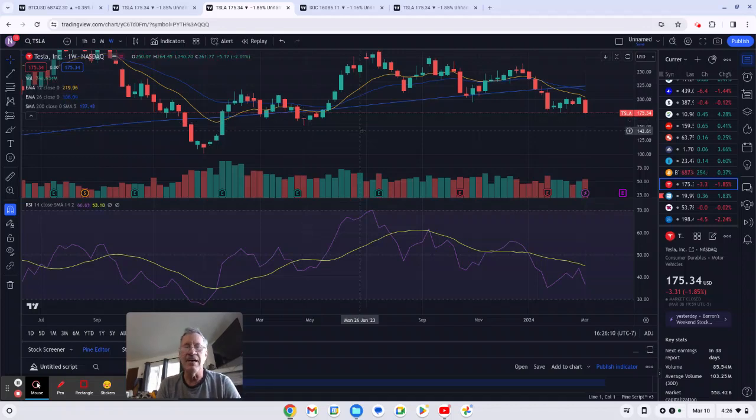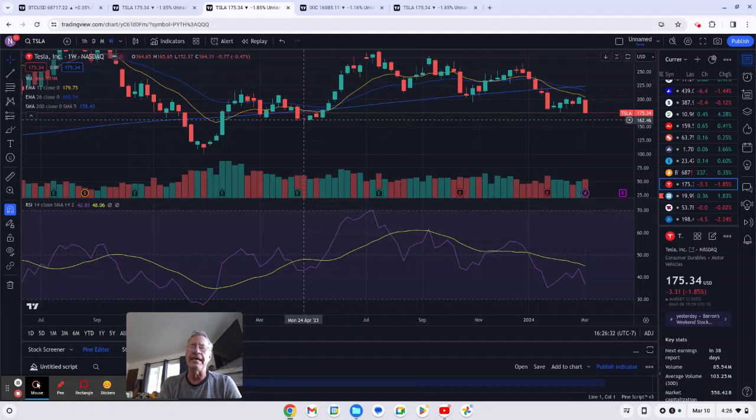But I don't think that's going to hold anymore. I'm thinking we're going to go oversold on the weekly chart. For that to happen, it's probably going to push at least to this area of 150 psychological, and then we'll see how it turns out after that.